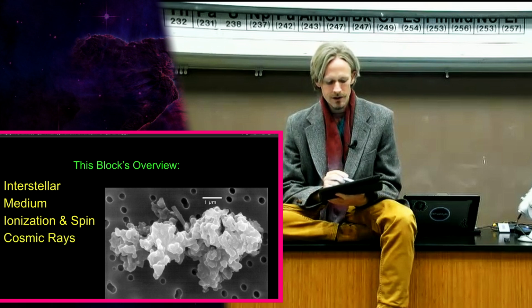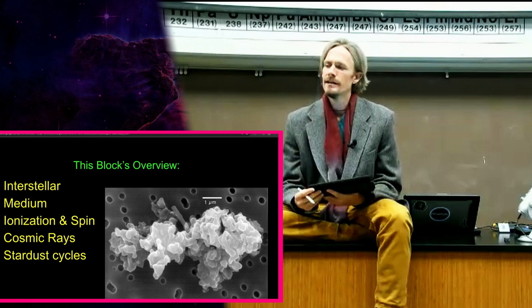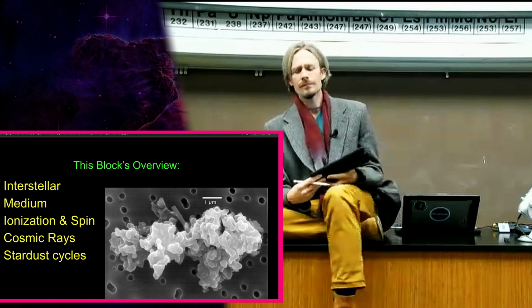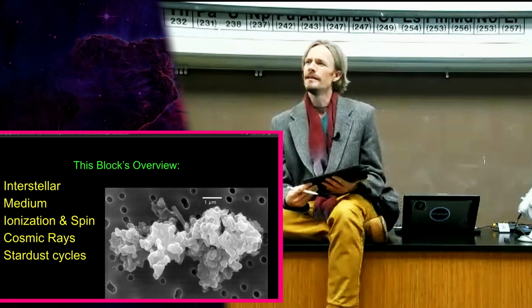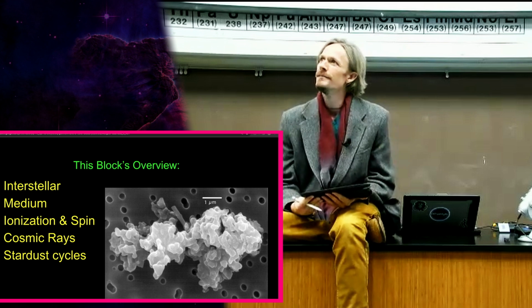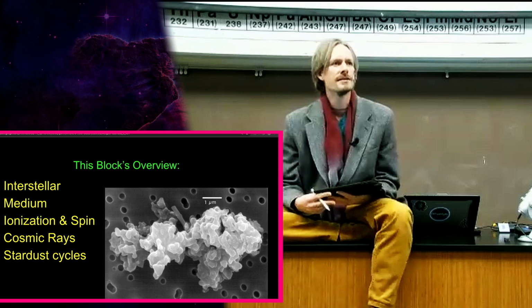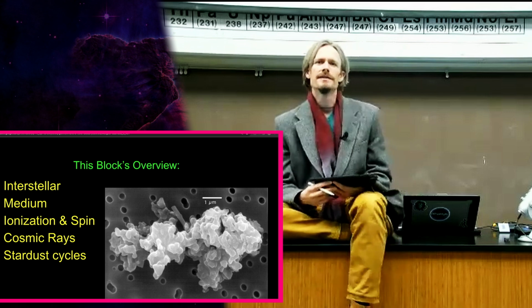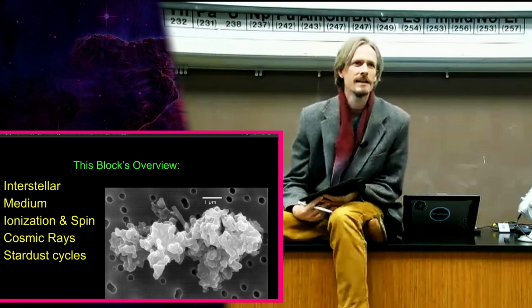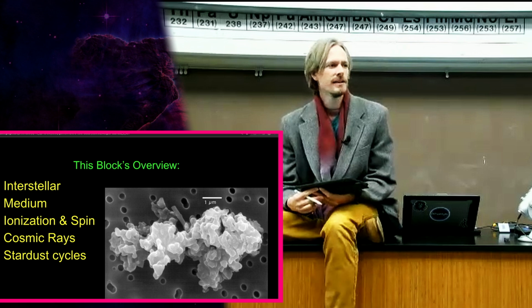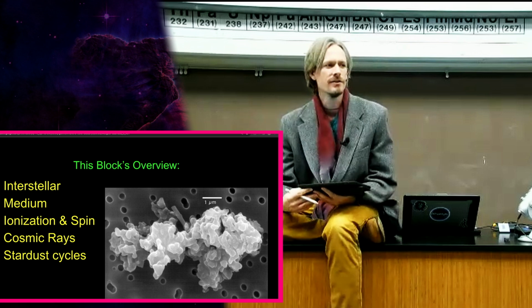And then we're going to talk about cosmic rays, and stardust cycles, right? So maybe you guys have heard of the energy cycle, let's say. There's sunlight that comes in, and all these plants grow up. Somebody eats the plants. We eat the somebody who ate the plants. There's this whole circle, right?